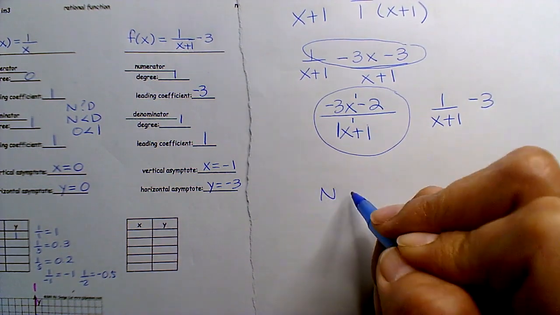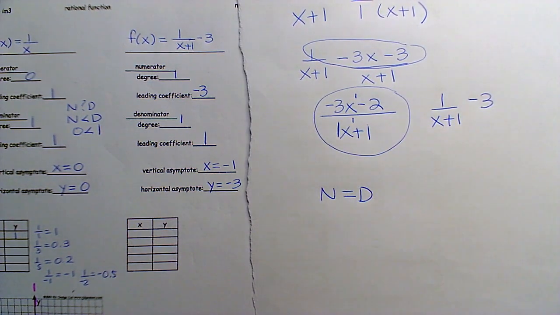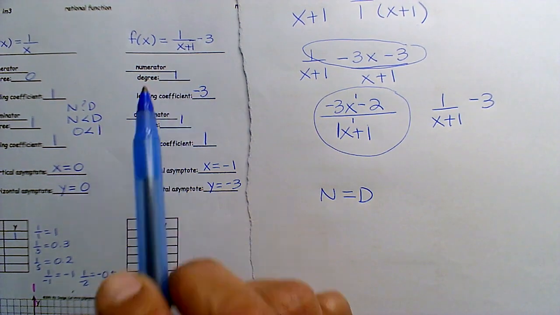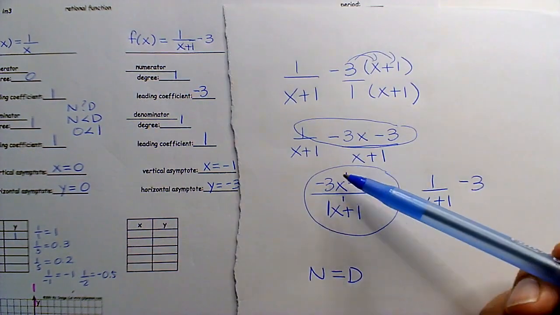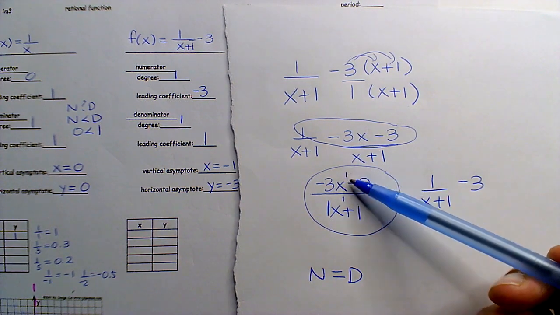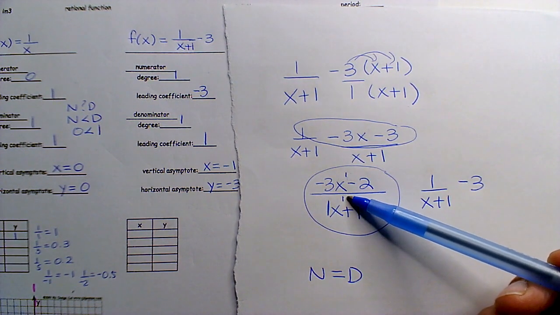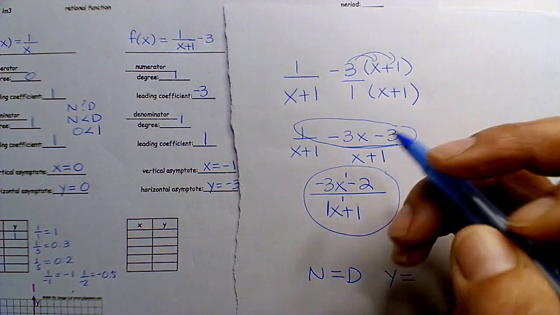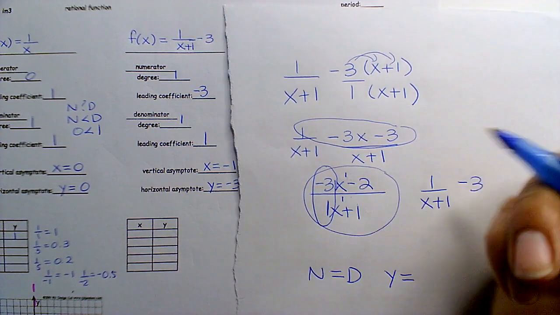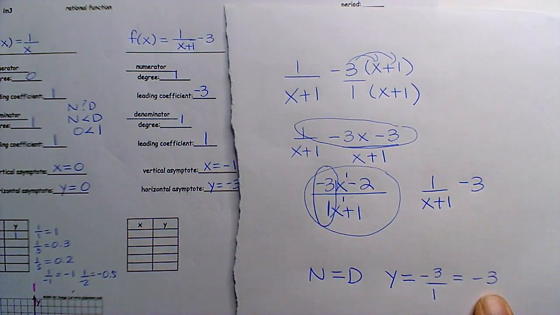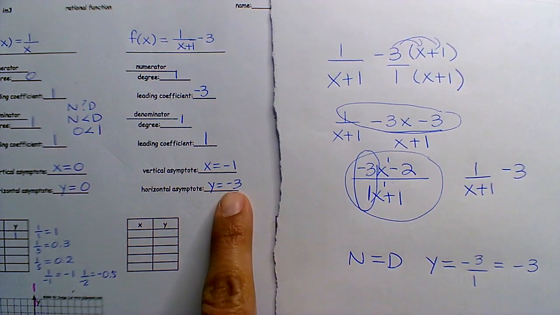If the numerator degree is equal to the denominator degree, which it is, the degree is 1, the degree is 1, right? If the degrees are the same, your horizontal asymptote becomes a fraction of your leading coefficients. So what's negative 3 over 1? Negative 3. And that is our horizontal asymptote.